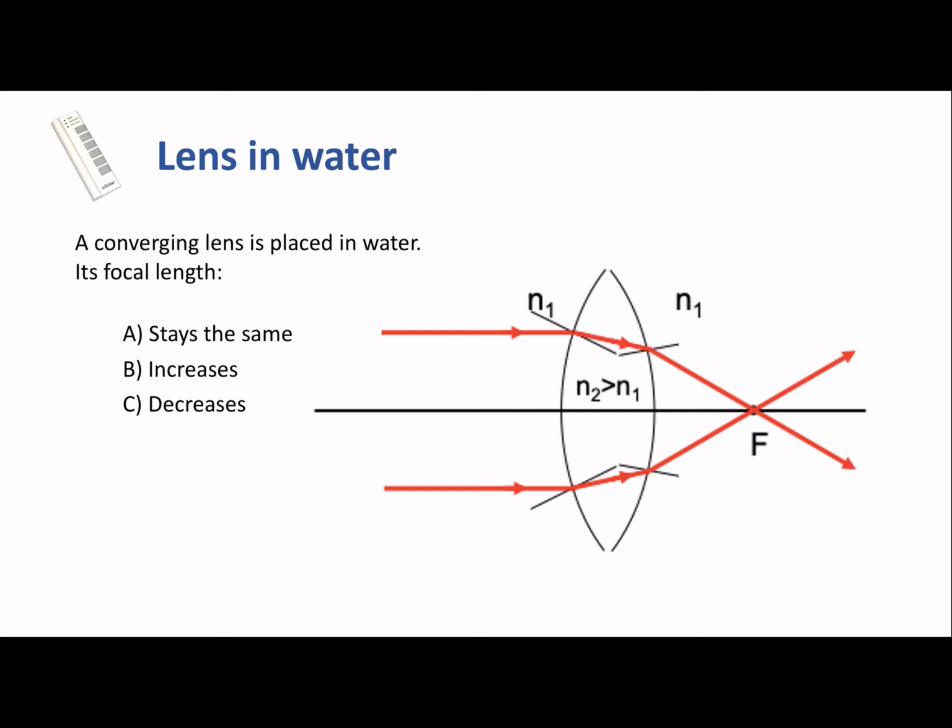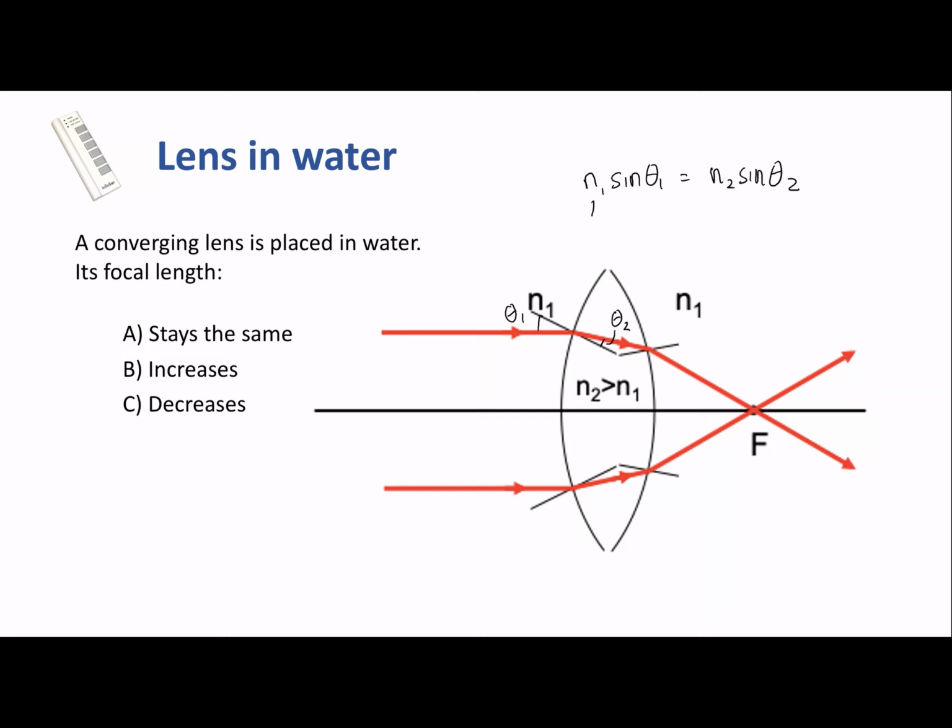So let's write out Snell's law, that n1 sine theta 1 is equal to n2 sine theta 2. So here is my theta 1. This is at the first surface of the lens. Here's my theta 2. Because n2 is larger than n1, theta 2 will be smaller. But here's the thing.